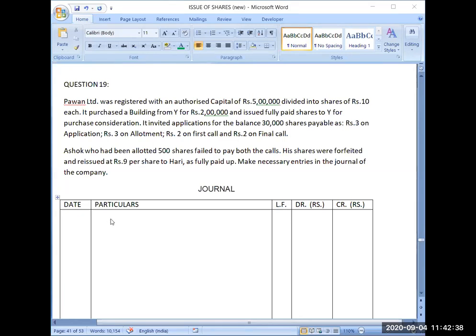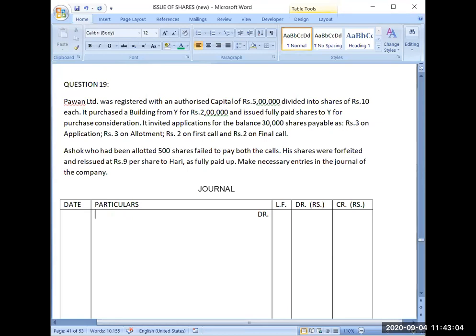So you have to make journal entries. So we will be starting. First entry will be bank account debit. And because you are issuing shares for consideration other than cash in this question also, that entry has to be done also.